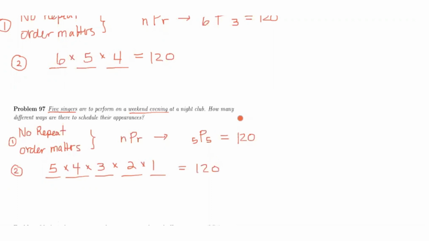And then number 3. As you see, we have a 5. We pick all 5. That's exactly the same as 5 factorial, and that's also 120. So in permutation, there are some ways to do it. It's not only one way to compute, but what's the most important thing?